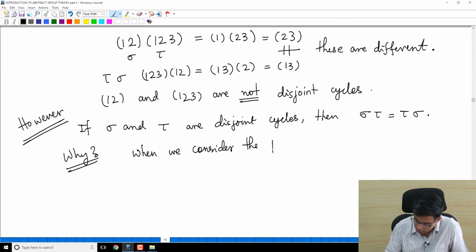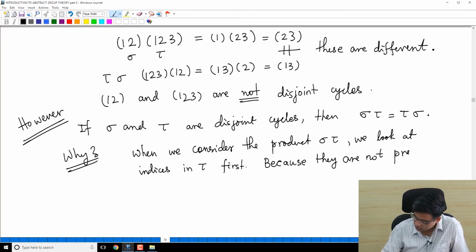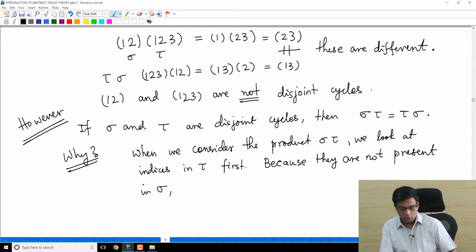So when we consider the product sigma tau, we look at indices in tau first, right? Because they are not present in sigma, because they are disjoint cycles.